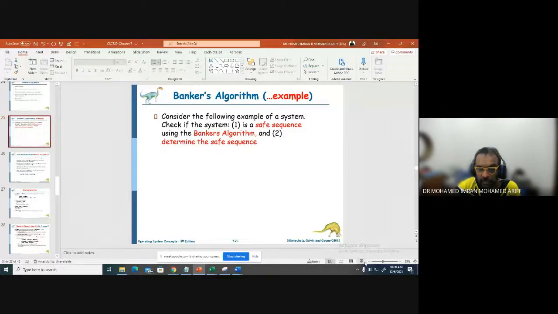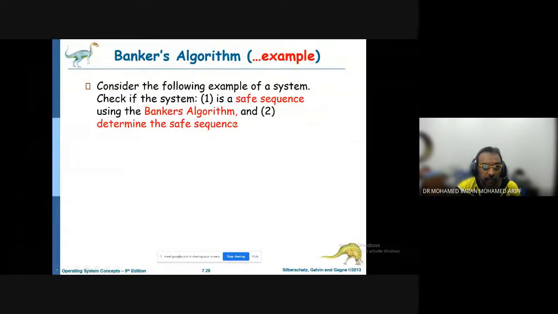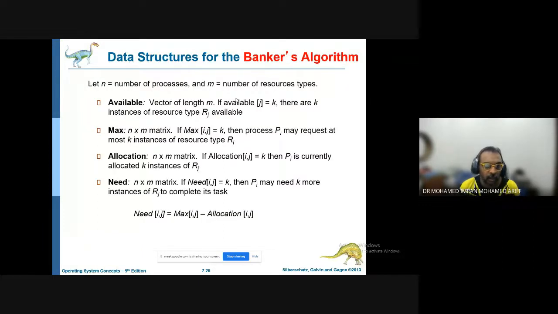Okay. All right. Let's see what else is there left in the slides. Okay. So as I was saying just now, untuk Banker's algorithm, we have to determine the sequence and we have to make sure it's a safe sequence. So untuk Banker's algorithm, these are the important things you need to know: what is available, what resource is available.